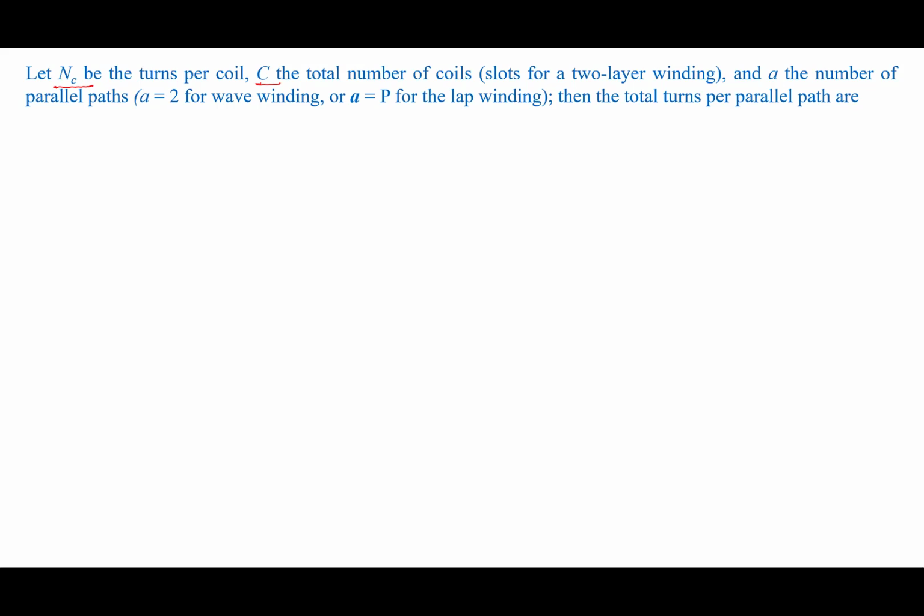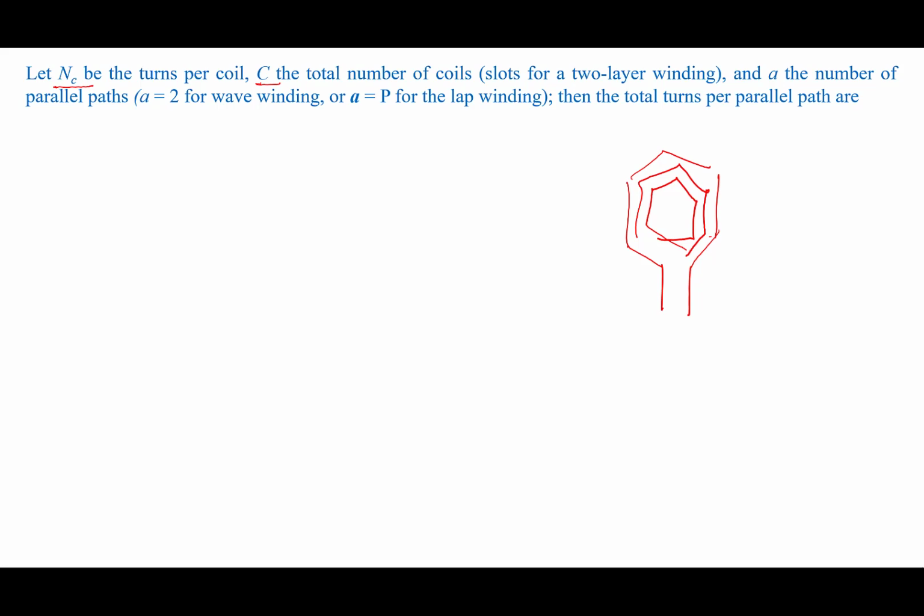Like one coil, if I see one coil, the coil structure looks like this. So one coil may have several turns. So every coil consists of NC number of turns, and there are C number of coils in the armature.